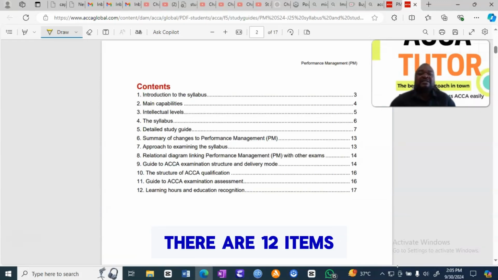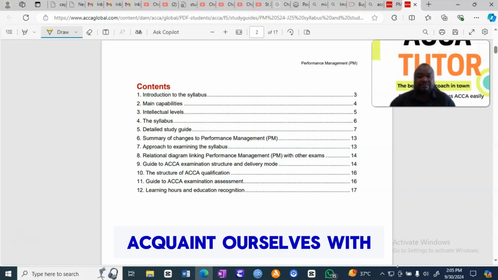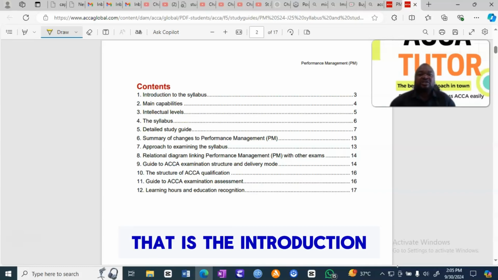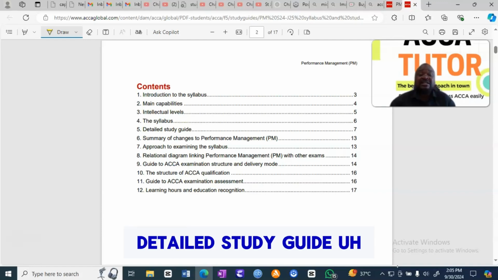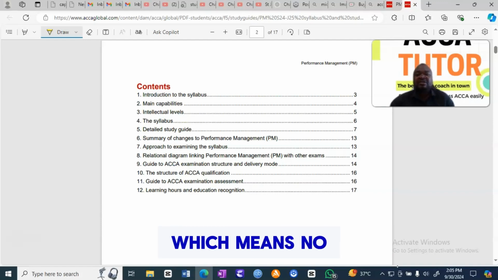There are 12 items on the table of contents which we have to acquaint ourselves with. There is the introduction to the syllabus, the main capabilities, intellectual levels, the syllabus, the detailed study guide.